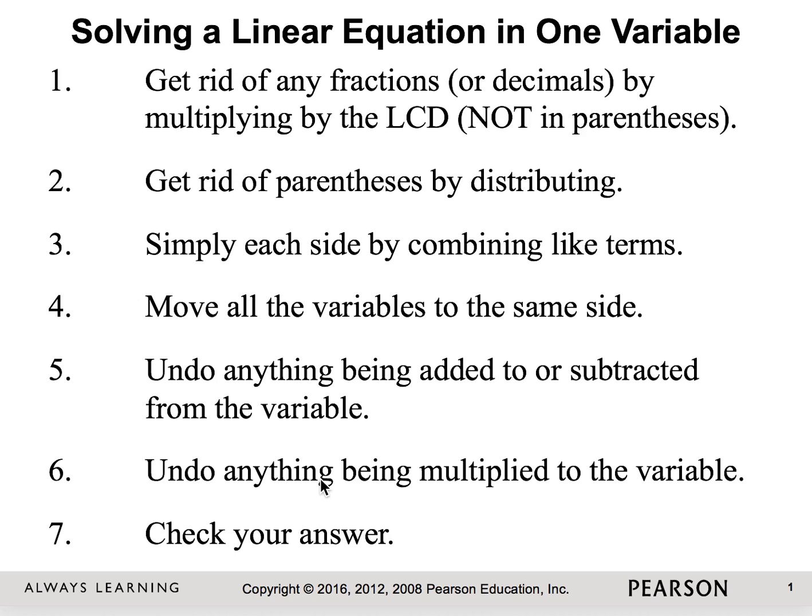Then you undo anything being multiplied to the variable. The opposite of multiplication is division, so we would use division for that. Then you'll wind up with x, or whatever variable, equals a number. And if we have an equation, you can always check your answer.